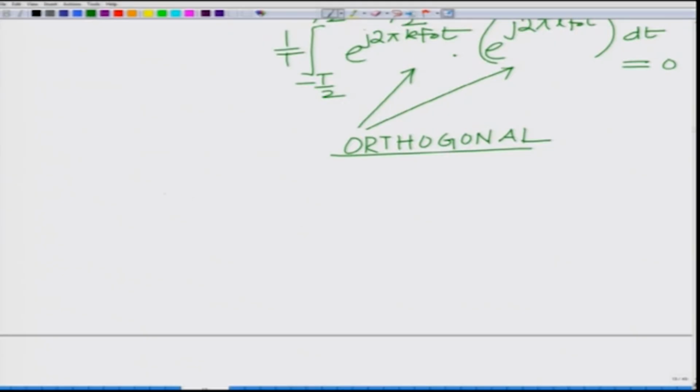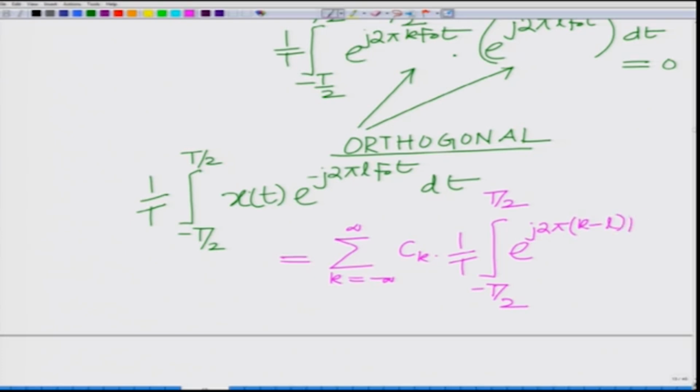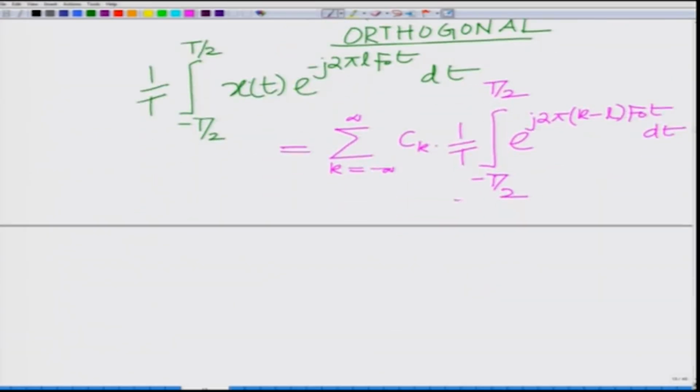We have shown that (1/T) ∫ from −T/2 to T/2 of x(t) e^(−j2πL f0 t) dt is equal to the summation over k from minus infinity to infinity of Ck times (1/T) ∫ from −T/2 to T/2 of e^(j2π(k−L) f0 t) dt.